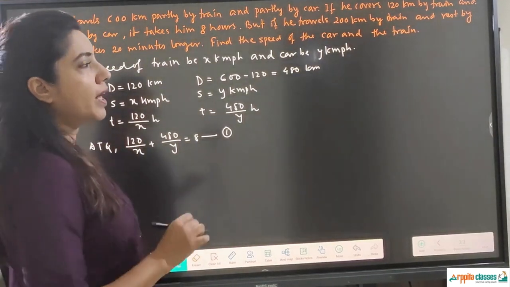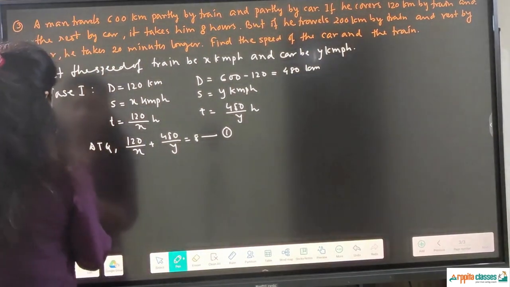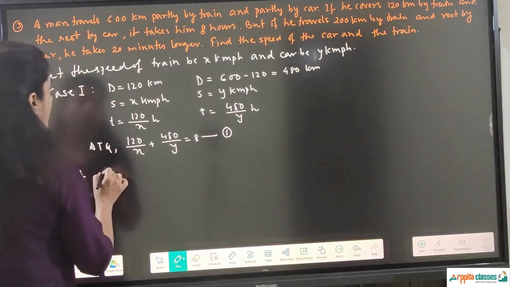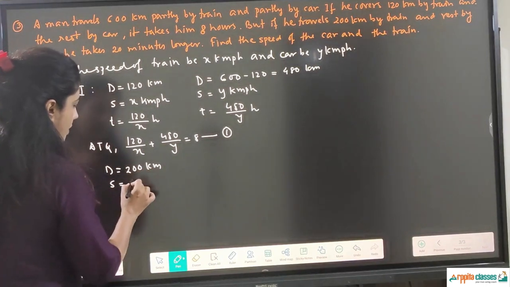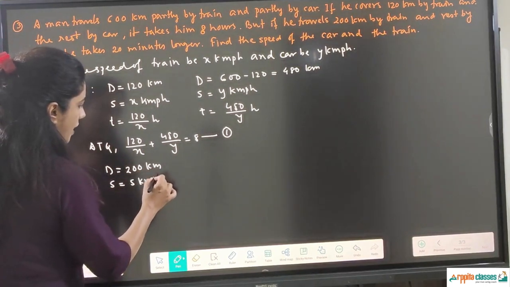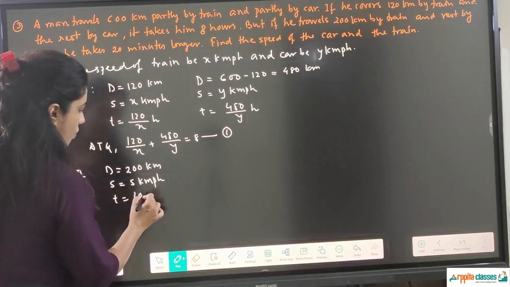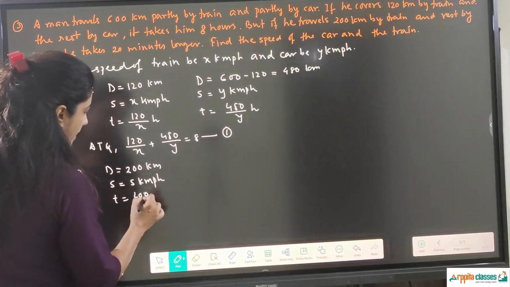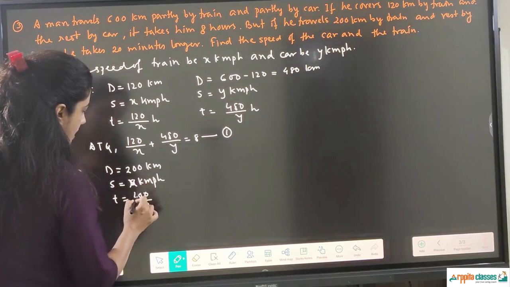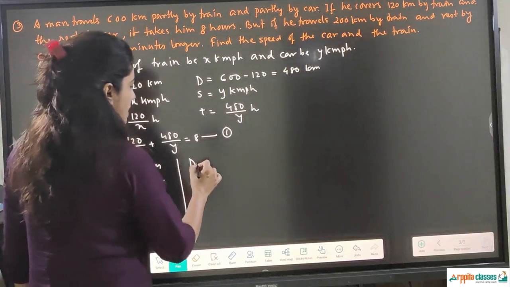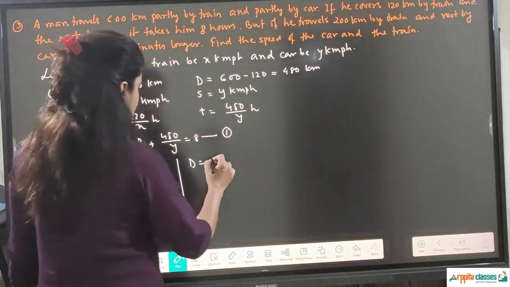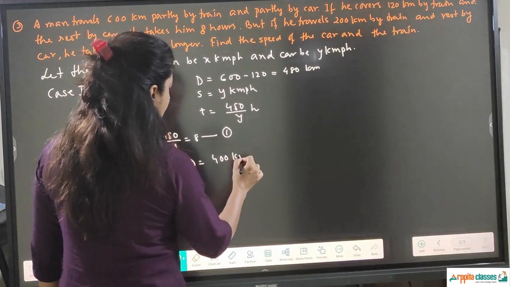Now, if he travels 200 km by train, this is the case 2. 200 km by train, so distance is 200 km. Speed by train is x km/h. So the time taken would be 200 upon x hour. So this much by train and the rest, that is 600 minus 200, 400 km by car.